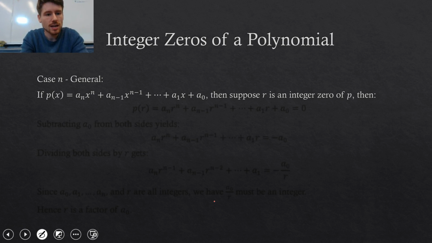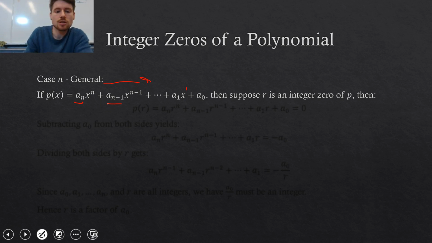So our powers decrease as we go to the right, all the way till we get x to the 1, and then our constant term at the end. And each of these, an minus 1 and so on, are just coefficients for those powers of x.